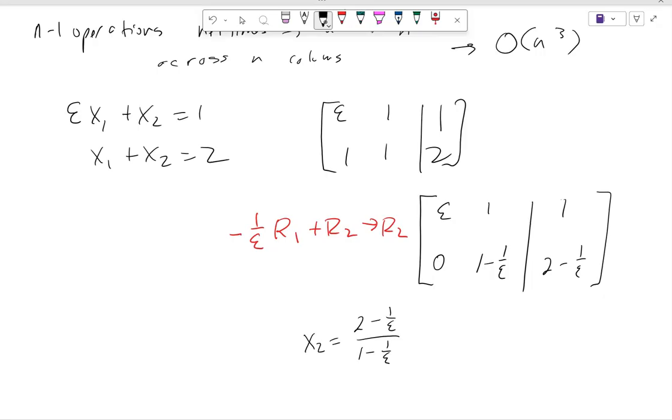But what was the issue? As far as the computer was concerned, what did both of those simplify to? What I just circled, what do they both simplify to? Thinking about orders of magnitude, which one's bigger, the 2 or the 1 over epsilon? The 1 over epsilon is much, much bigger. I'm taking a really big negative number and adding 2.